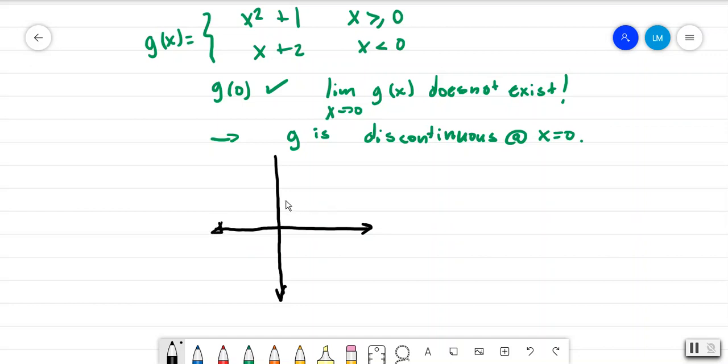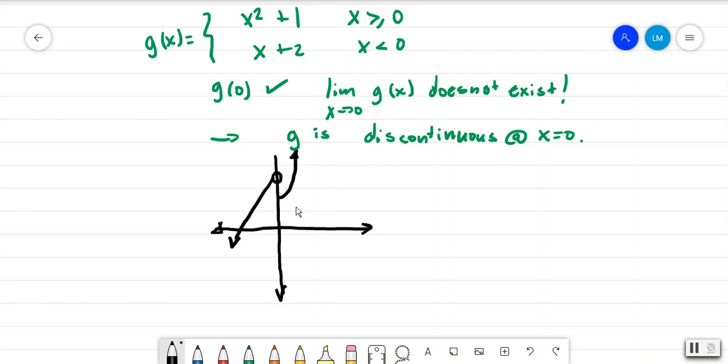So x squared plus 1 looks something like this, a parabola. Then x plus 2 is going to be like this, where you have a hole right there, and then it just goes like this.